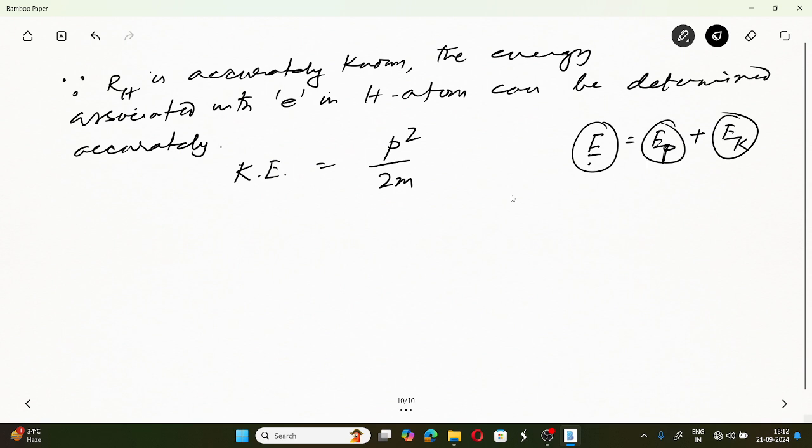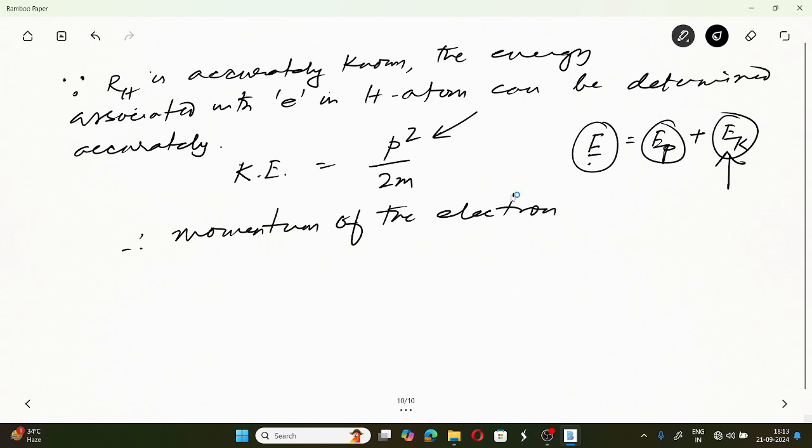So since the total energy is accurately known, the kinetic energy can be determined accurately. So therefore momentum of the electron can be accurately determined. Momentum of the electron can be accurately determined.